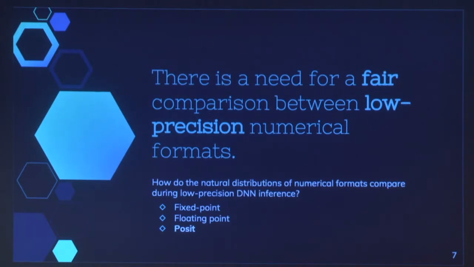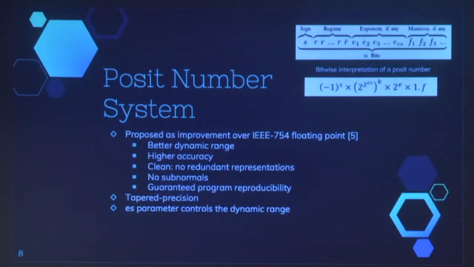So we felt that there needs to be a really fair comparison between these different low precision numerical formats. And of course, in a lot of earlier work, posits haven't been looked at in terms of how they fare with these kinds of designs. So we look at these three formats and see how they work with this DNN inference.